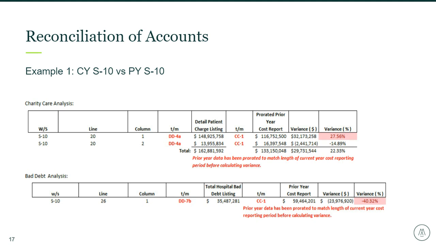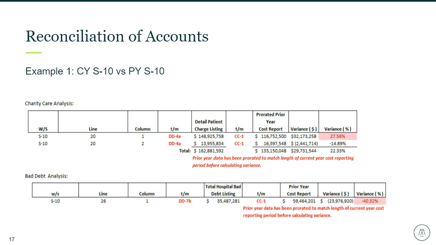Now, if we start reviewing line 20, column 1, uninsured charity, the amount for the current year is $32 million higher than the prior year. For insured charity, a decrease of $2.4 million. But for charity in full total, it's an overall increase of $30 million. And bad debt overall is showing a large decrease.